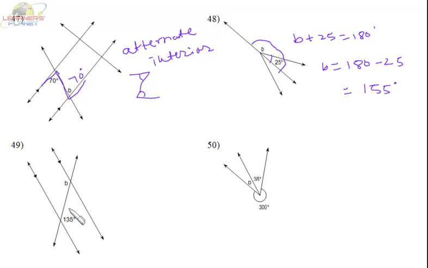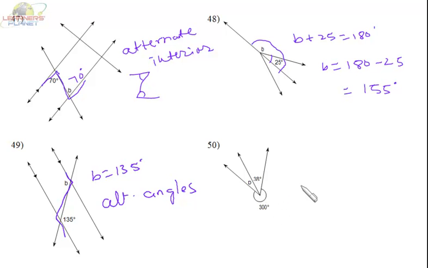Now in this case, further we can see a shape of Z. So B and 135, both of them are alternate interior angles. So in case of parallel lines, both of them will be same. So B is 135 degree, and they are alternate angles. Okay.